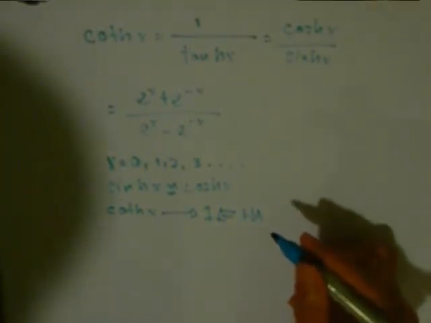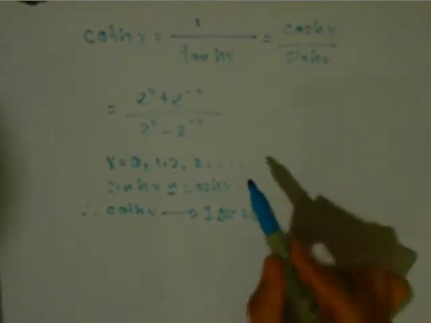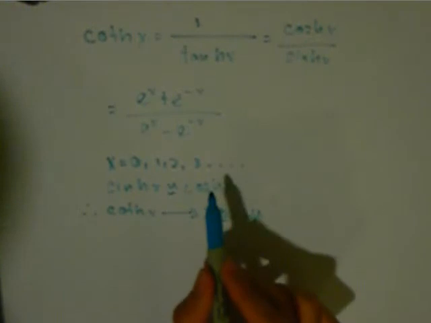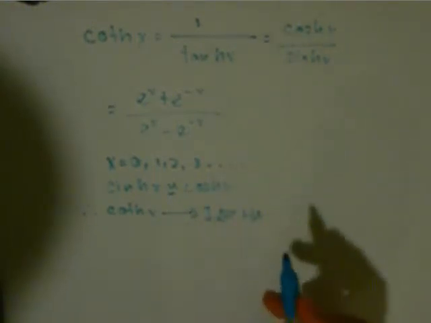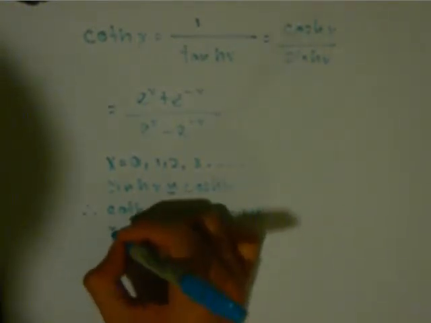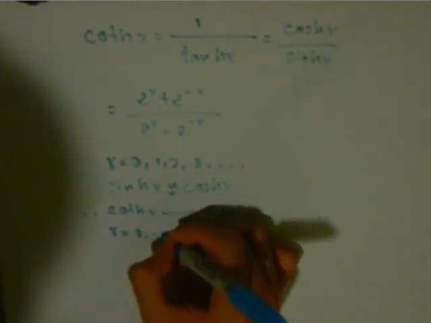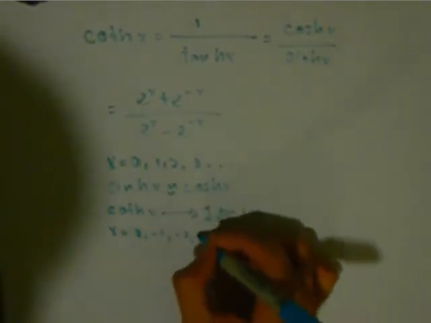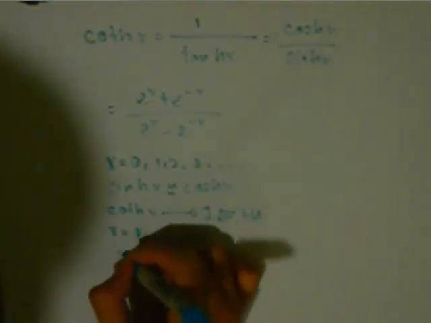But unlike tangent hyperbolic x, it actually approaches from the opposite side, as proven when we substitute values of x and increase them, and we get a decreasing value. So do the same thing for x with negative values, and we come to the same conclusion.